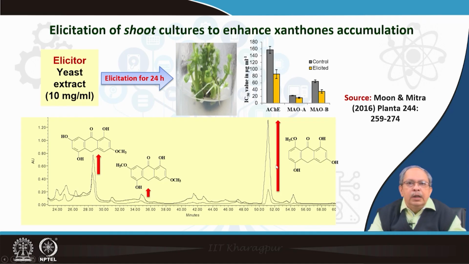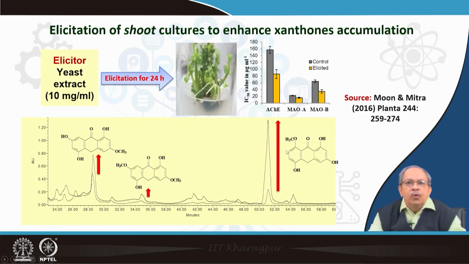So, these particular xanthone metabolites are important molecules to treat nervous ailments, particularly they are good inhibitors for acetylcholinesterase and monoamine oxidase A and B, overproduction of which leads to Alzheimer's and Parkinson's diseases.